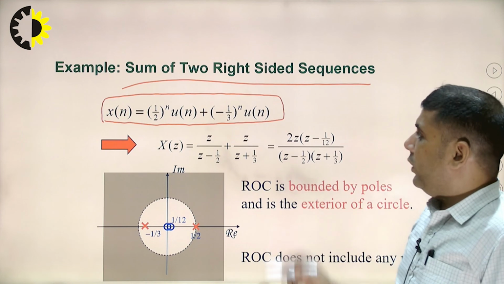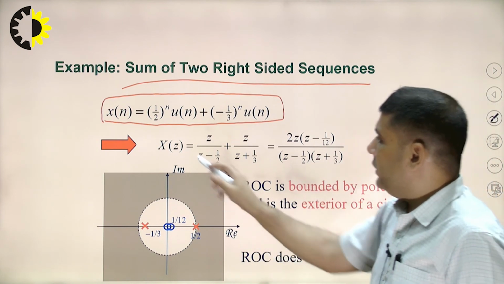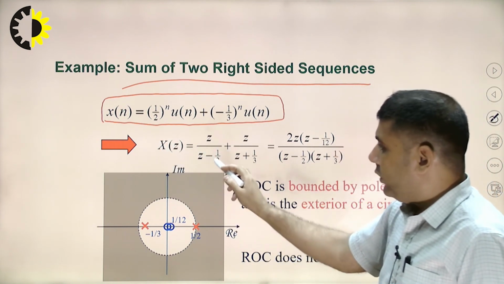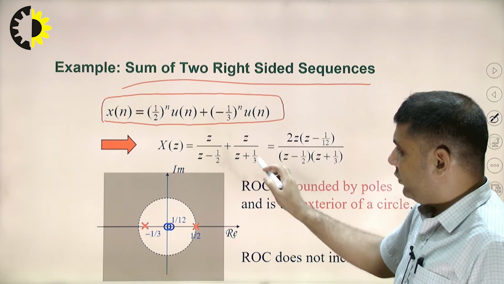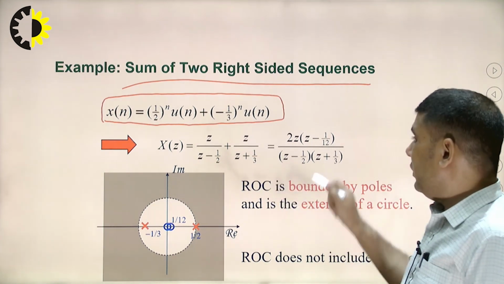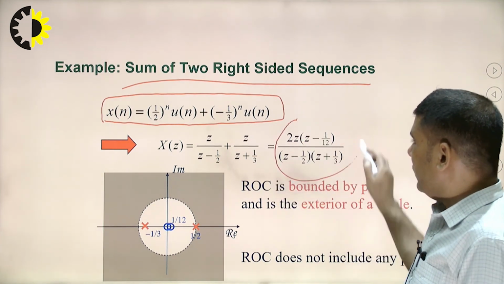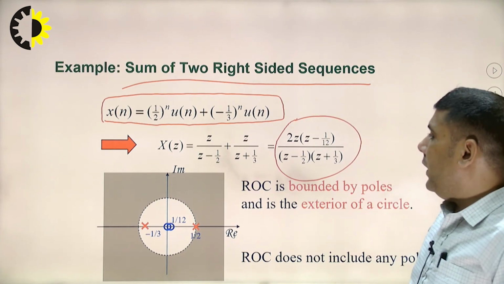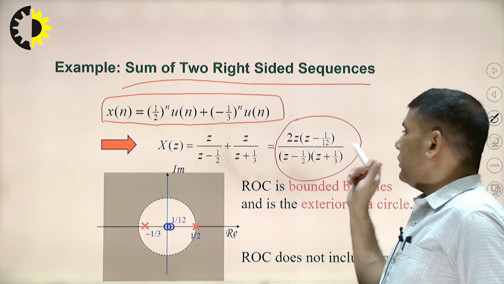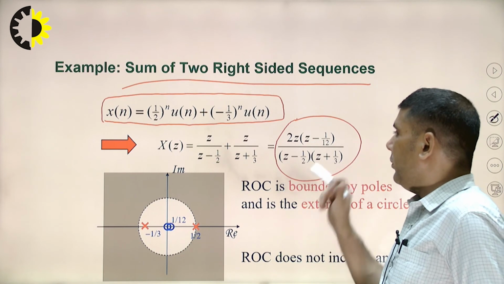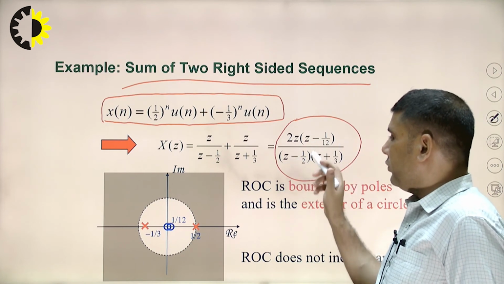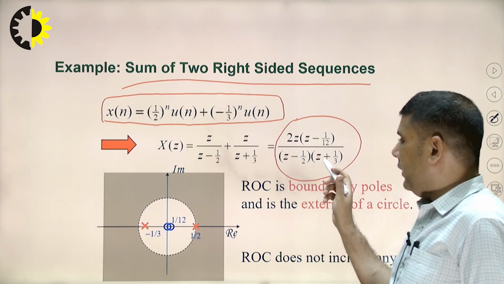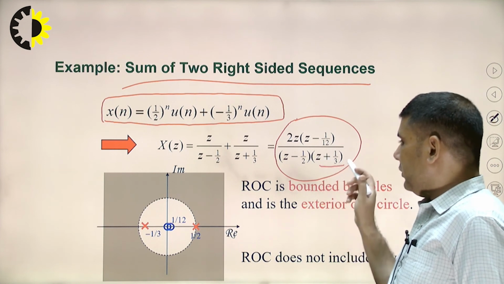If we solve it for the z transform, X(z) is equal to z over z minus half plus z over z plus 1 by 3. Solving it, this comes out to be 2z into z minus 1 by 12, divided by z minus 1 by 2 and another factor z plus 1 by 3.